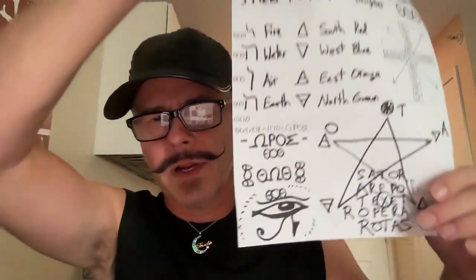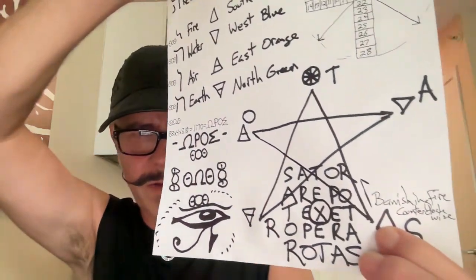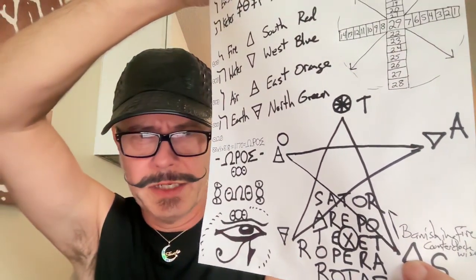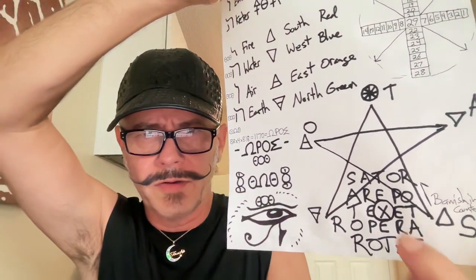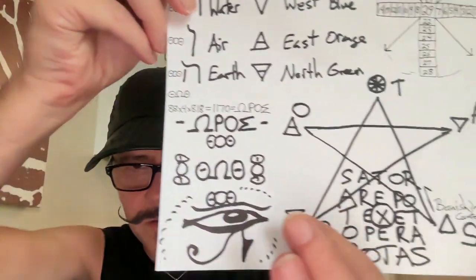So it ends up being the Yod-He-Wah-He order is the best, and also for banishing. I didn't get into this, but I'll get right to it. As I draw this pentagram here, right here is a banishing fire. How do you banish fire? You just draw a counterclockwise pentagram from this arm, as it turns out.